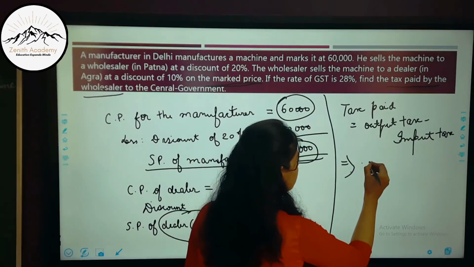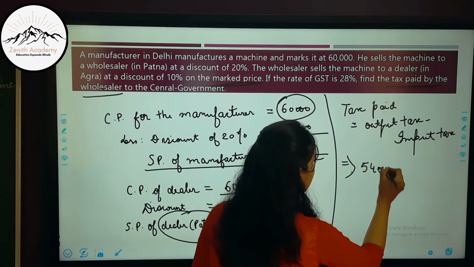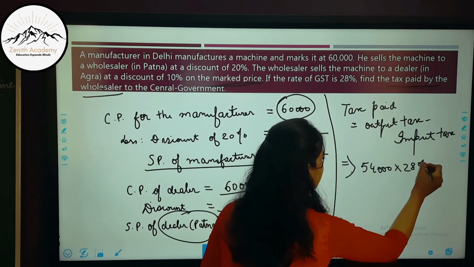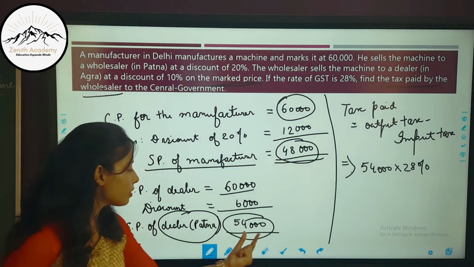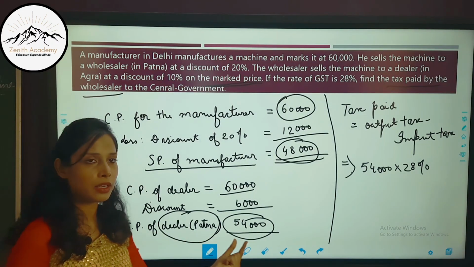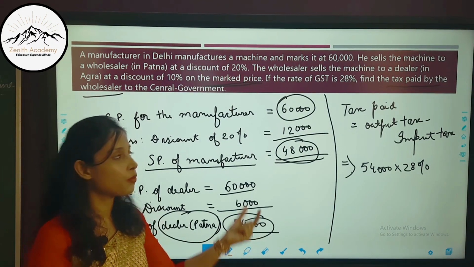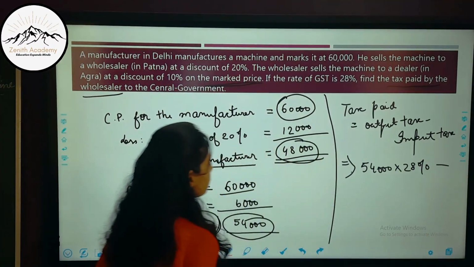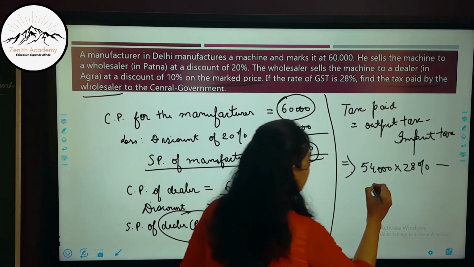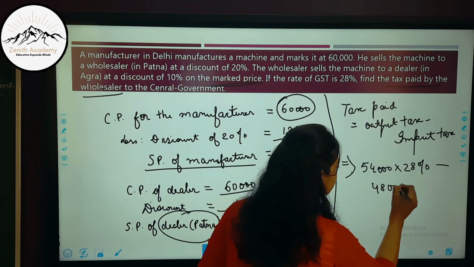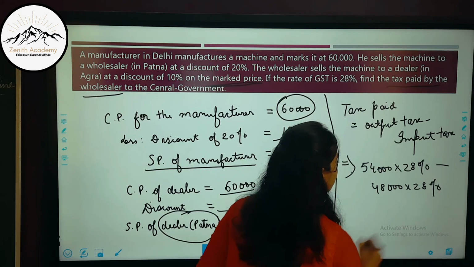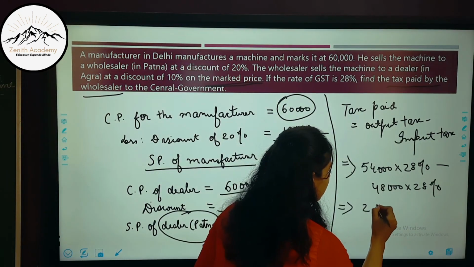So the output tax is 54,000 into 28%. This will be our output tax because this was the selling price of the dealer in Patna and the cost price for the dealer in Agra, minus 48,000 into 28%. Let's take 28% common.